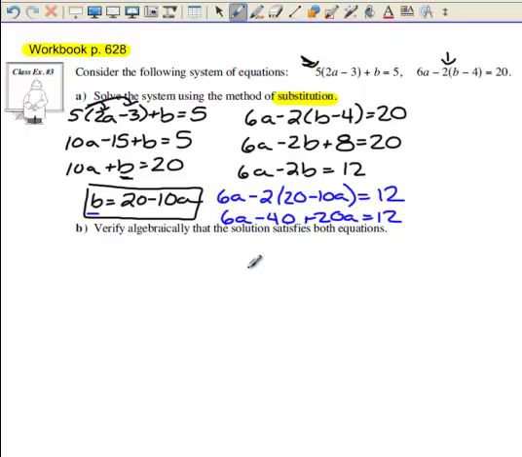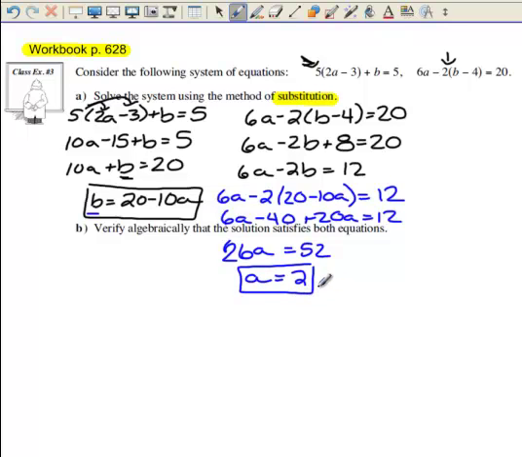I'm just going to have to continue down into the area for part b here. So altogether I have 26a, and I'm going to add the 40 to the other side. So 26a equals 52, which means my a, when I divide both sides by 26, has a value of 2.